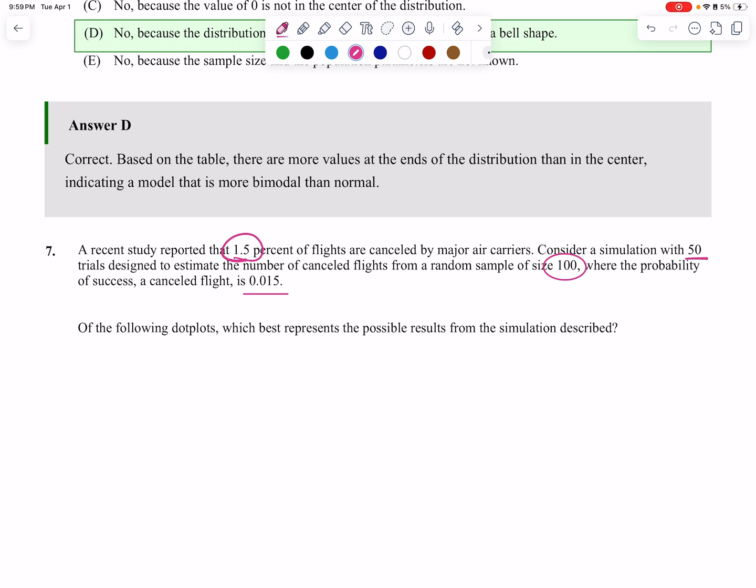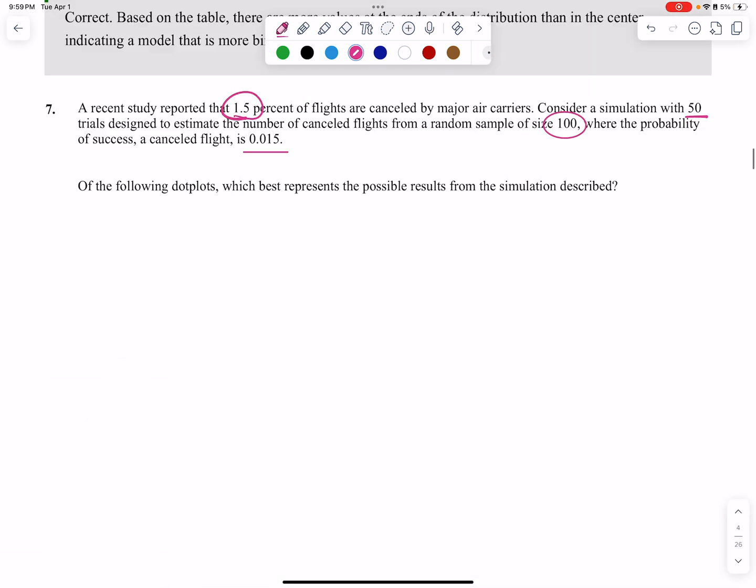So I have 50 different trials, each a random sample of 100. So each dot represents n equal to 100, and I have 50 dots. And the probability of success, a canceled flight, we're calling it success, is 0.015.